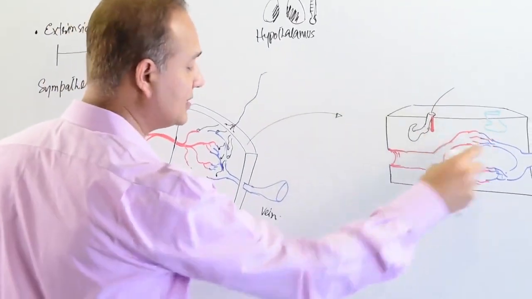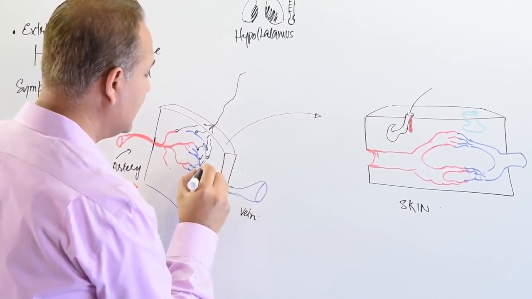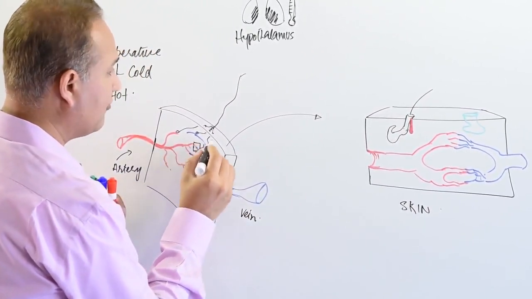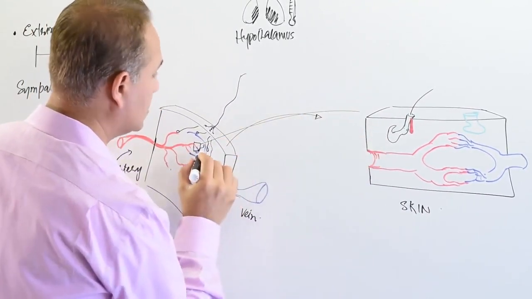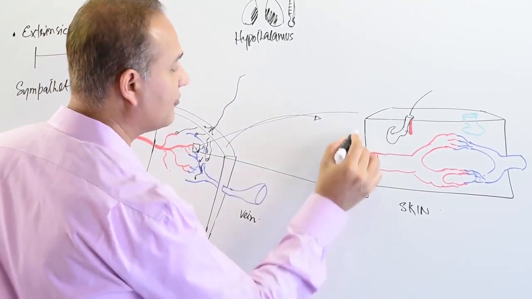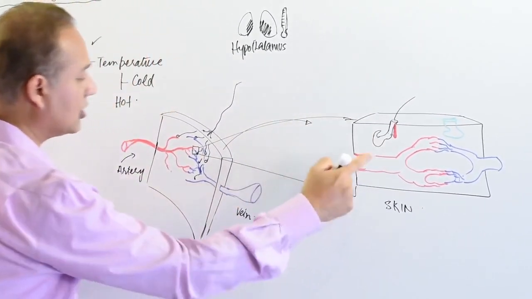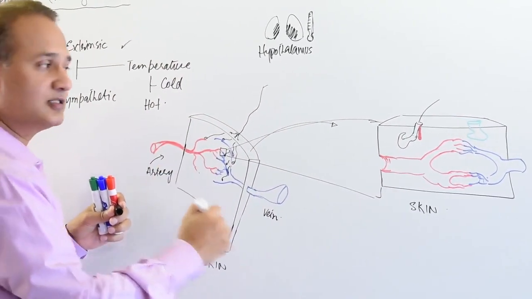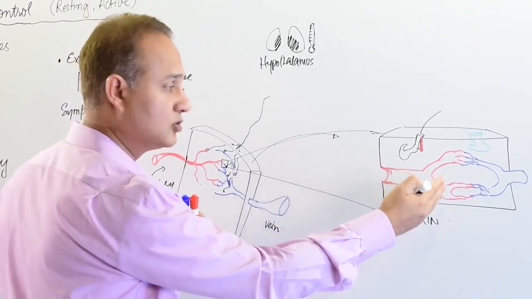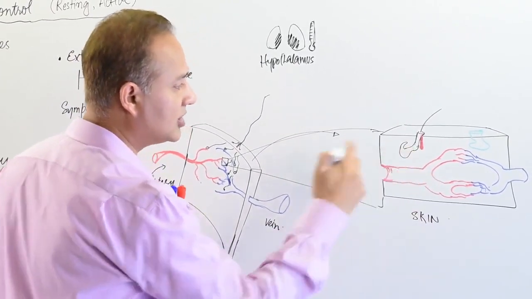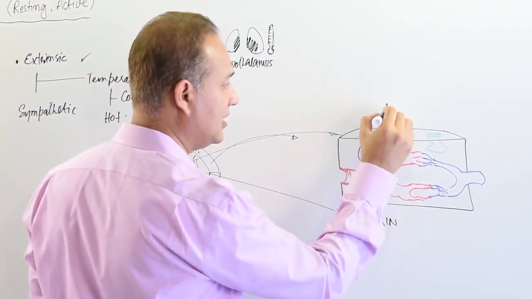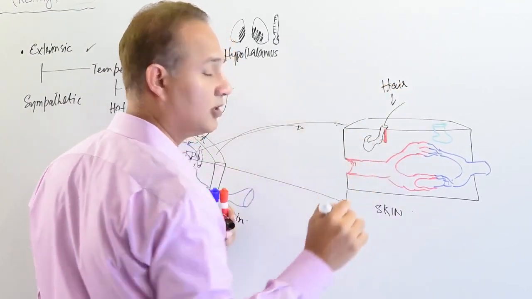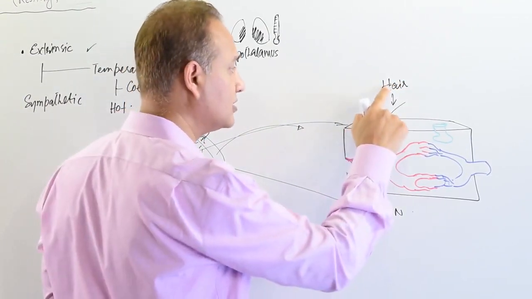Here we have a piece of the skin. Let's say we've taken a small piece from here and we have made it bigger. This is this piece of the skin here, and we'll talk about what happens to the blood vessels when control occurs. The structures here are interesting. This is a hair. Why is the hair important? We'll talk about it. For the temperature control, it is important.